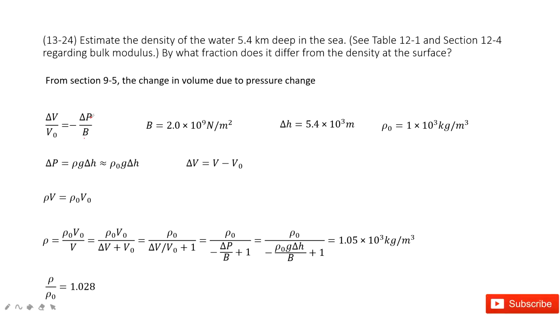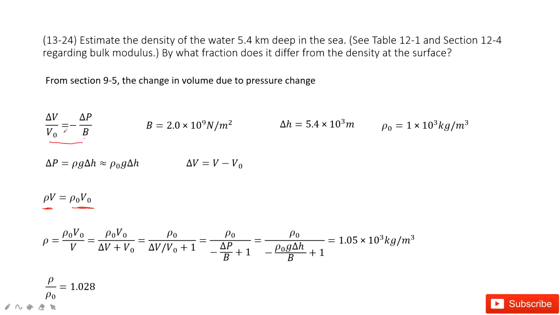So the mass at the surface equals the mass at the bottom. The mass does not change, but the density changes. This brings the volume changes, right? And the volume changes follow this equation.